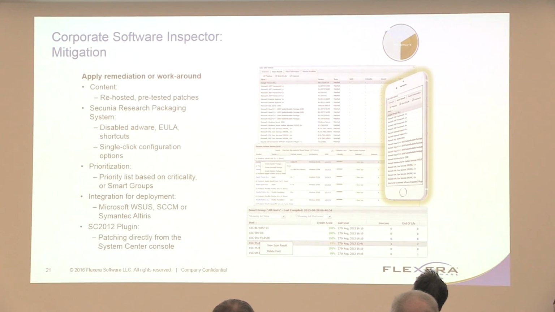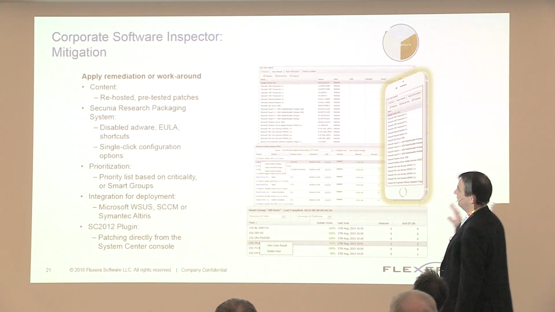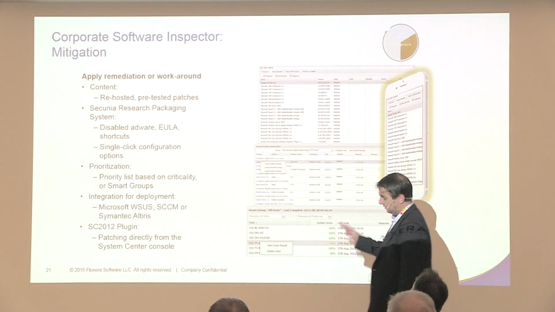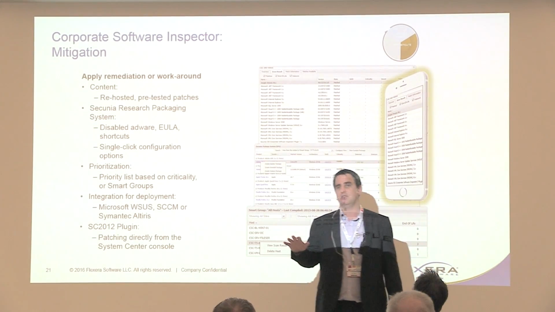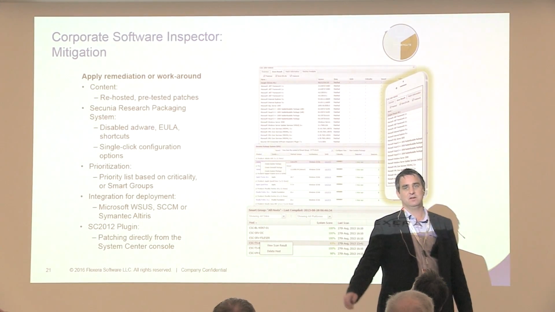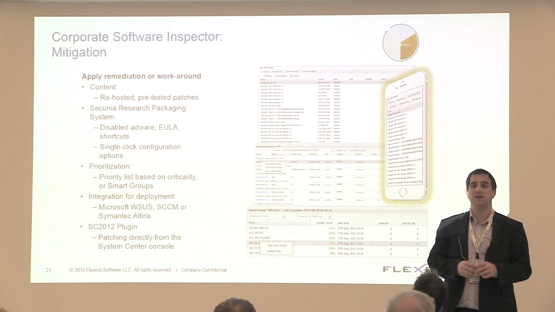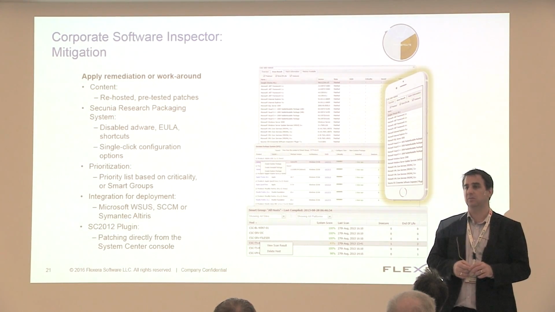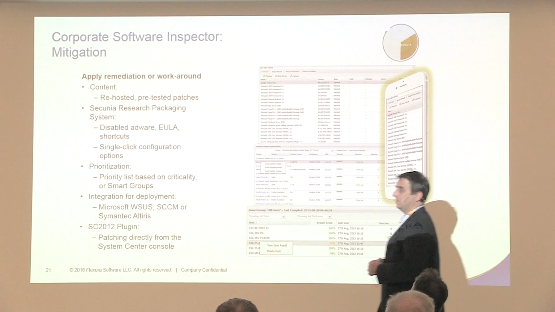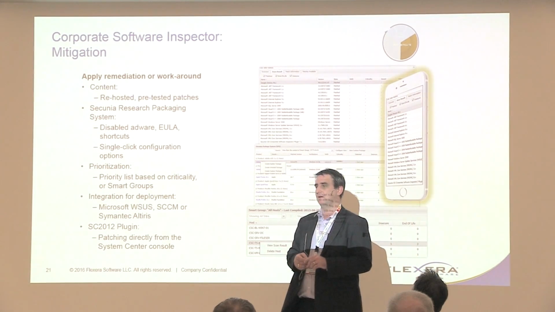The second phase of this is mitigation or remediation. Out of our database, we have over 300 out-of-the-box patches and automation around the creation of those patches ready for deployment to update those vulnerable applications in the end environment.